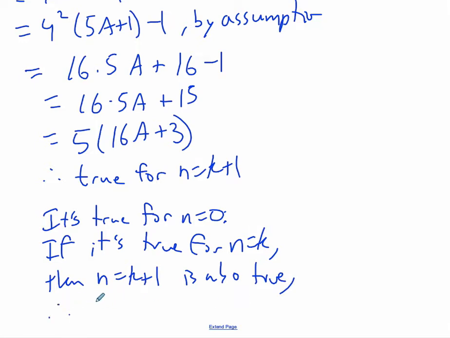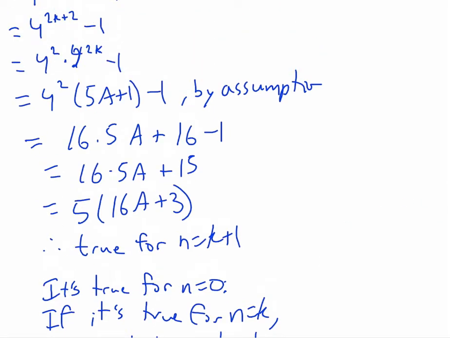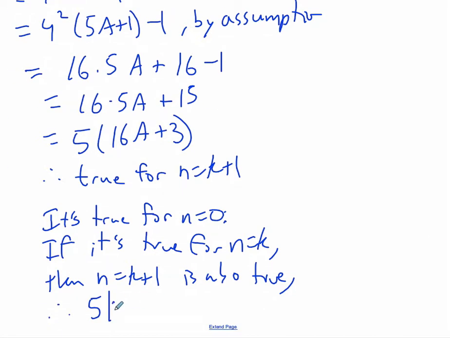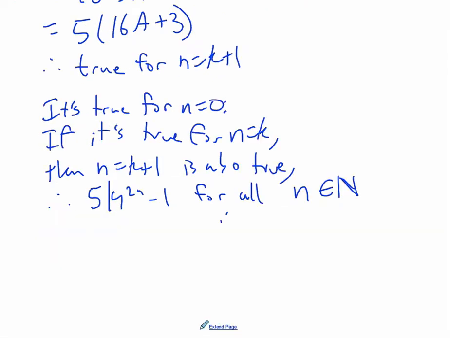Therefore, it's true for all n. So 4 to the power of 2n minus 1 is divisible by 5 for all n in the natural numbers by the principle of mathematical induction.